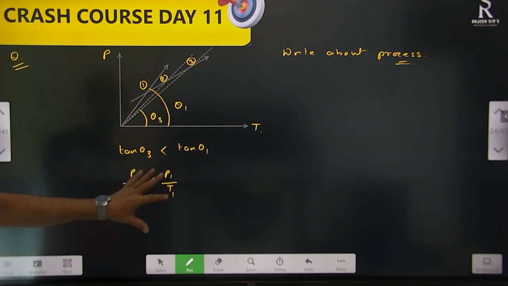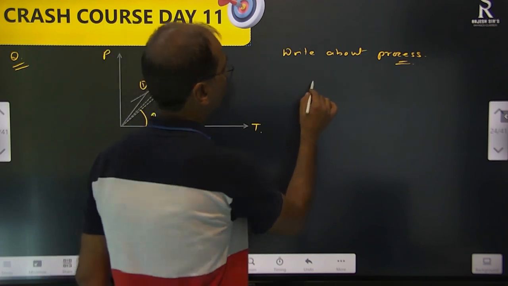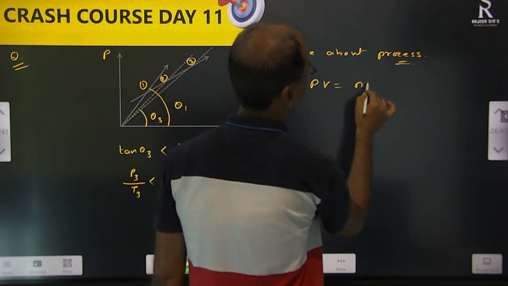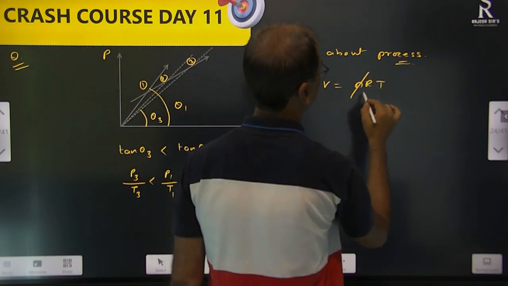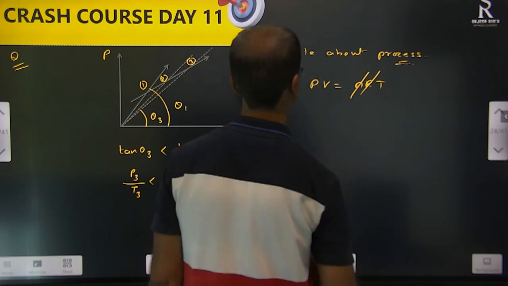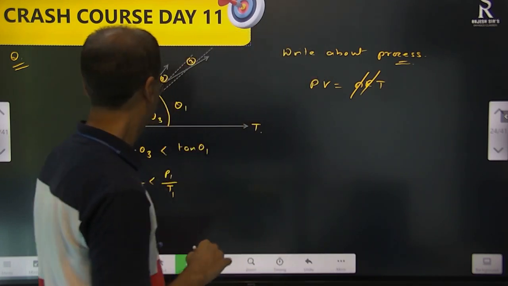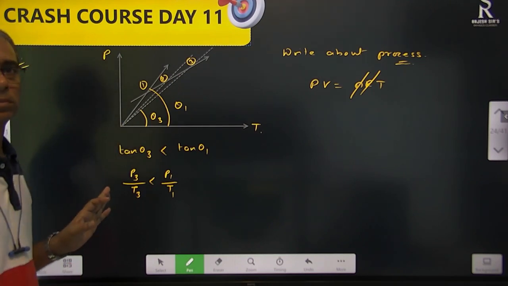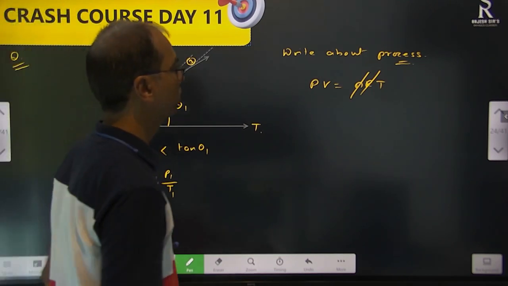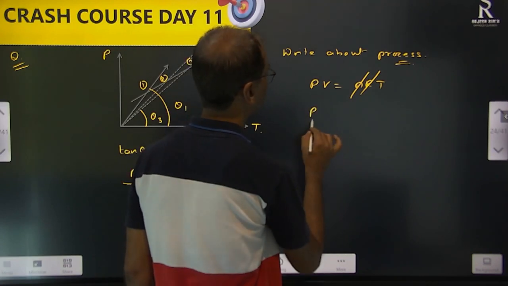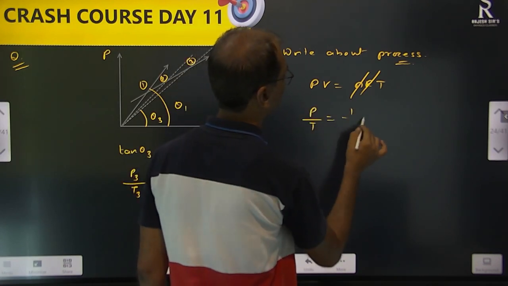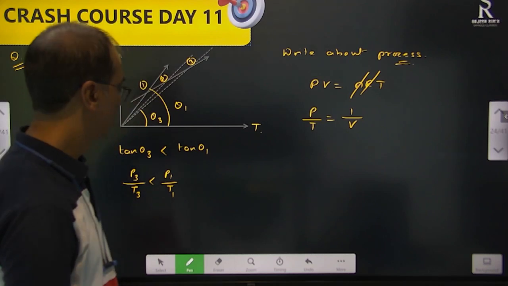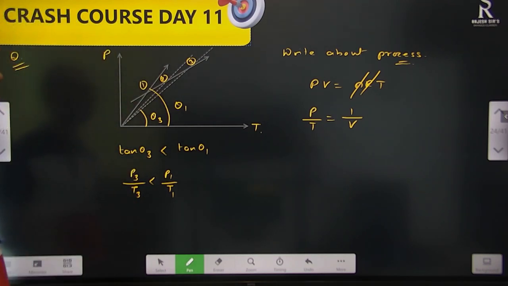Okay, now what does it represent? PV equals nRT. Number of moles constant, R is constant. And what we have done here, we have taken it from the origin. Remember, we have taken it from the origin. So here P by T is representing what? 1 by V. So P3 by T3 we can write as 1 by V3.